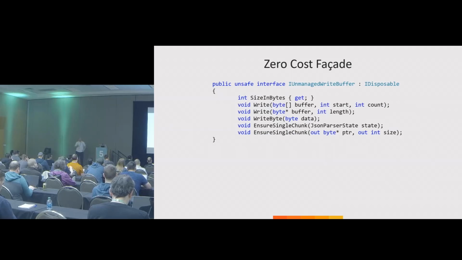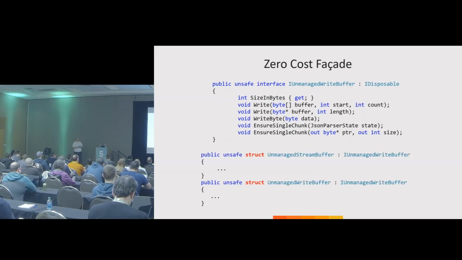Now let's go to a different building block. This is an entirely different one. It's more or less the same thing, but you are actually doing it differently. What you are saying is, okay, yes, I have this managed write buffer interface that has a bunch of methods. So I create a struct for each.